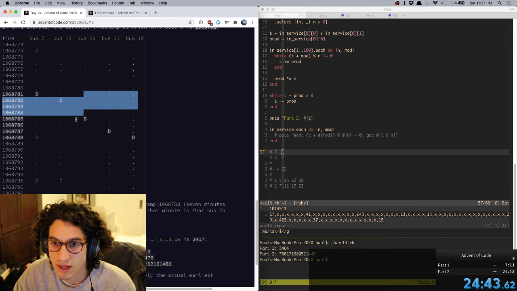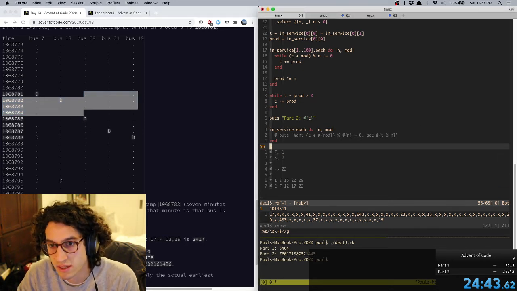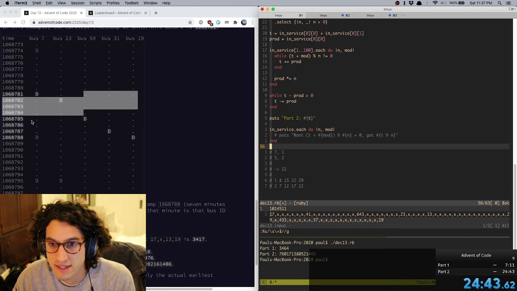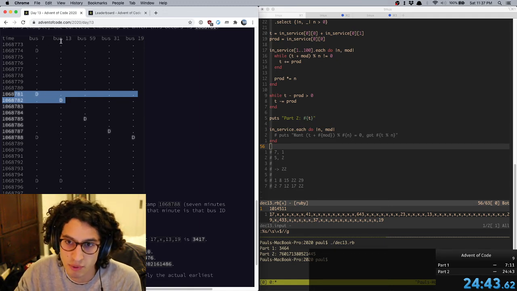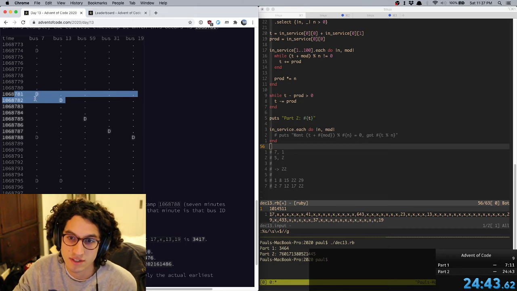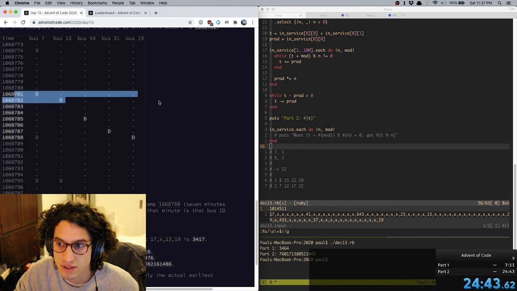So what you can do is, let's say you found something that fits these two, then the only next time, because these are relatively prime, because they're both prime, the next time that these two will occur right after each other is after their product.